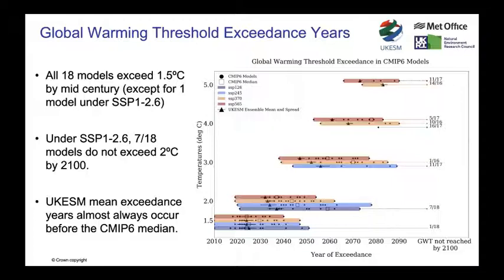Under SSP1-2.6, 7 out of 18 models do not exceed 2 degrees by 2100, which was expected because the experiment was designed to keep the multi-model mean under 2 degrees Celsius if possible. UKESM mean exceedance years almost always occur before the CMIP6 median, and that is also related to UKESM1 being on the higher end of climate sensitivity among CMIP6 models.